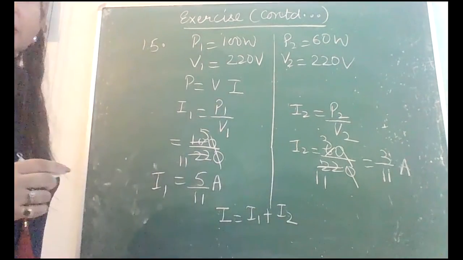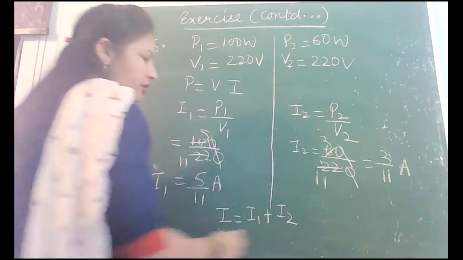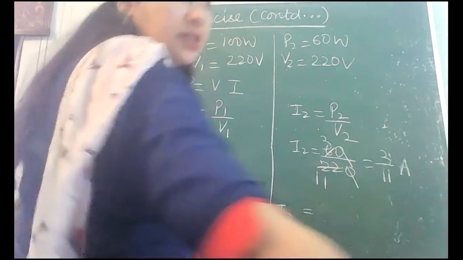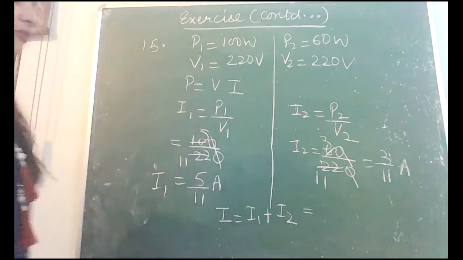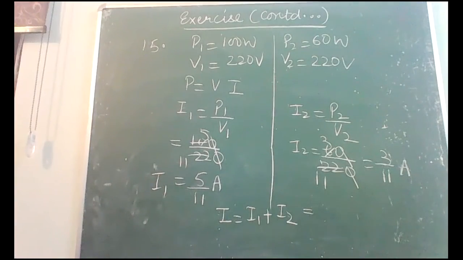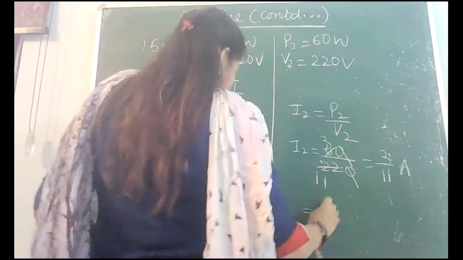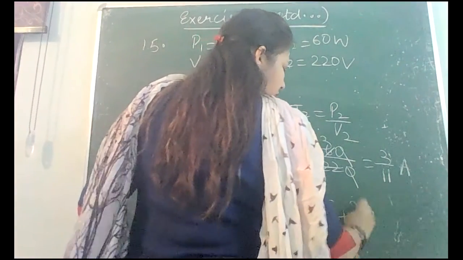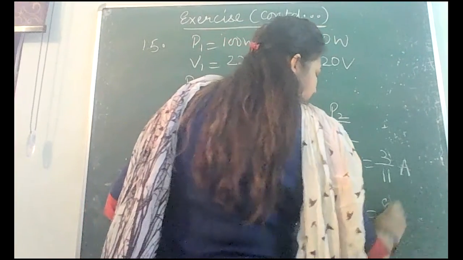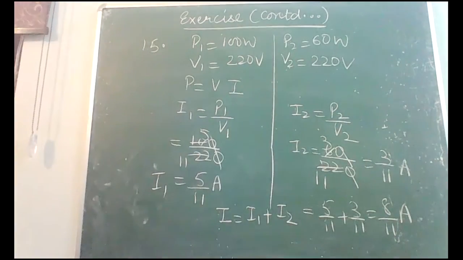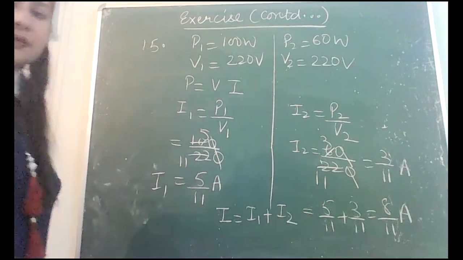In parallel combination, current is not the same, it is the sum of individual currents. It is always the sum of individual currents. So what do we get? We write 5 by 11 plus 3 by 11. That is 8 by 11. So this is our answer. 8 by 11 ampere is the total current flowing in this case.